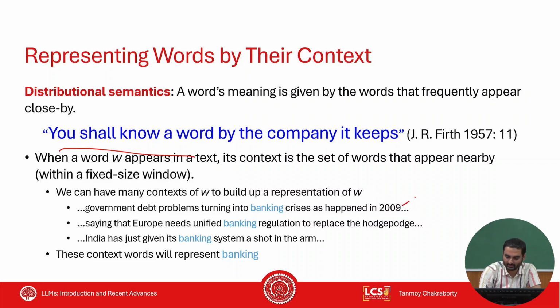In the first sentence, government debt problems turning into banking crisis as happened in 2009, you're talking about some sort of crisis. The next one says Europe needs unified banking regulation. Here you're talking about rules and regulations. The third one, India has just given its banking system a shot in the arm. This is more of the literal meaning of banking system. So you look at the neighbors, and from the neighbors you guess the meaning of that particular word.